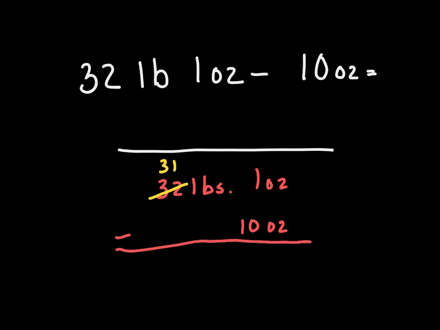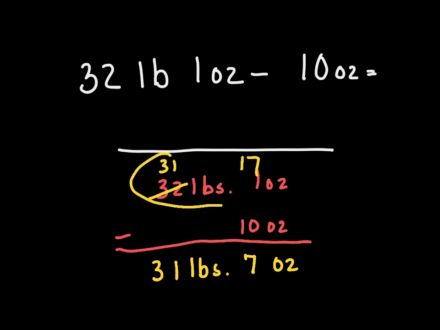And then I have to give that extra pound in ounces to the 1 ounce, which would be 16, plus that 1 ounce would give us 17 ounces. Now we're able to subtract. Ounces, 17 minus 10 is 7, so we have 7 ounces, and 31 minus nothing is just 31 pounds. So the answer is 31 pounds and 7 ounces.